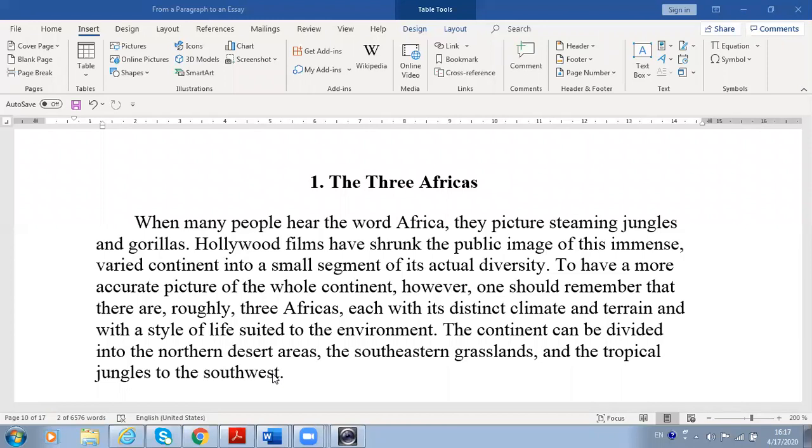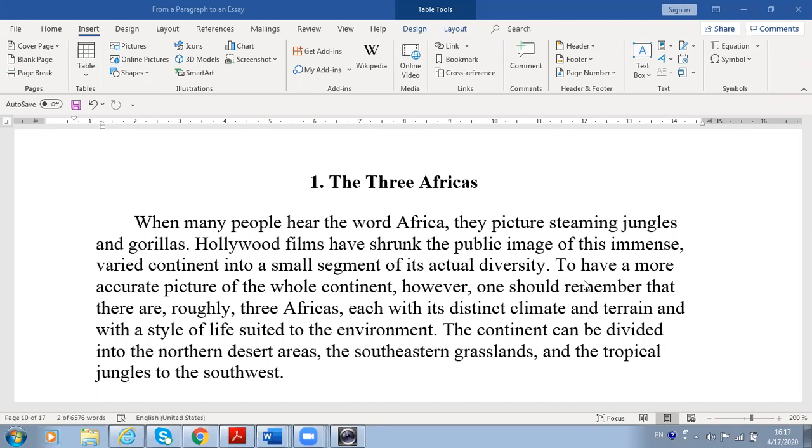So which sentence do you think is a thesis statement? I think it is the last one. Tell me the beginning of the sentence, please.